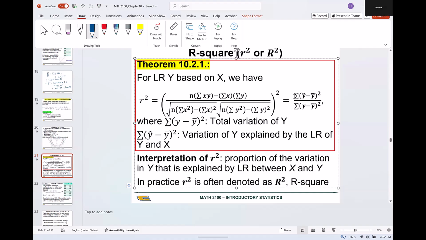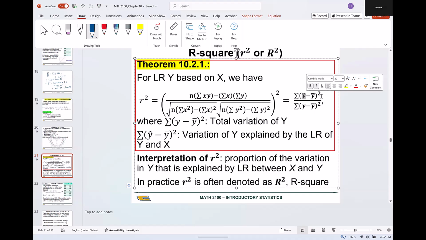And the numerator here tells us how much variation in y can be explained by a linear relationship between y and x. You can see here you replace the y by the y hat, which is the linear regression line.